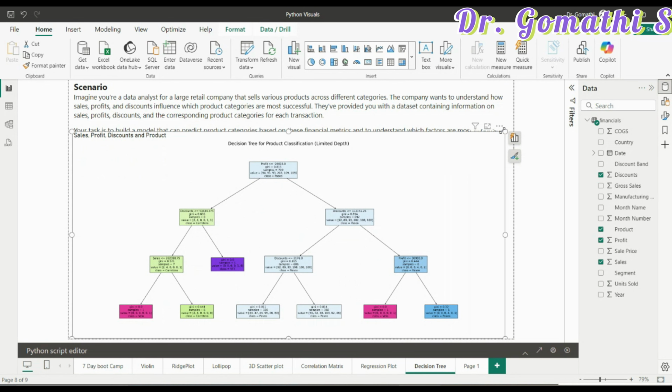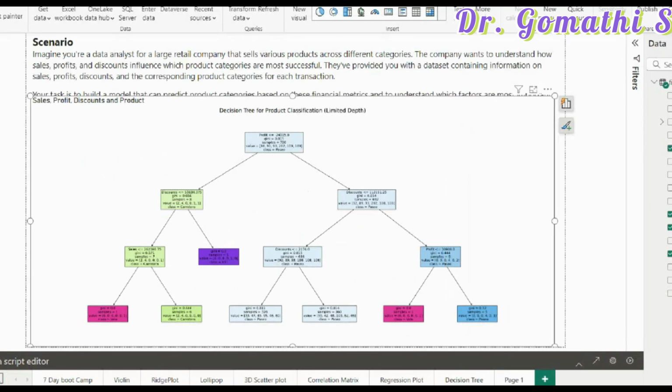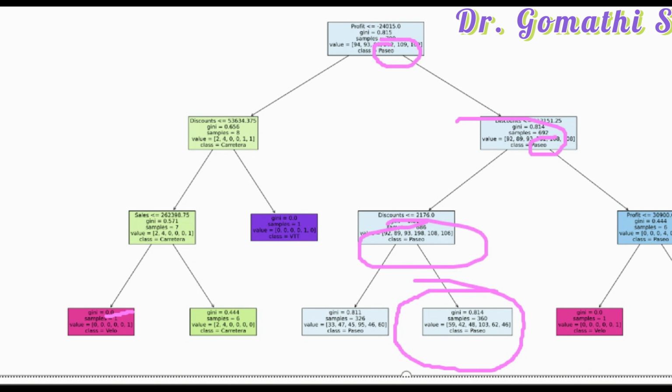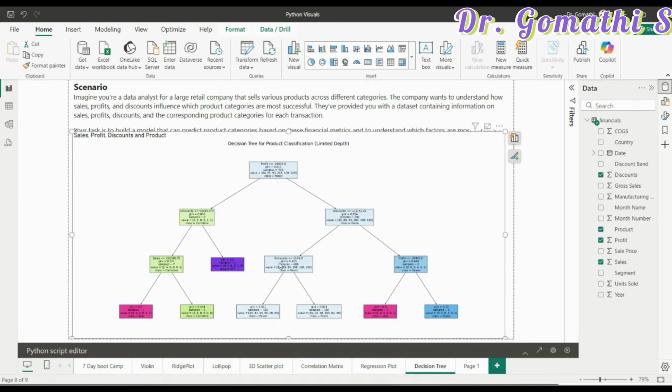Here the Gini is 0.0, which means sales, profit and discount worked well, and here the Gini is 0.14, which means that the discount and the profit for this particular class don't work well. This is how you can infer this.